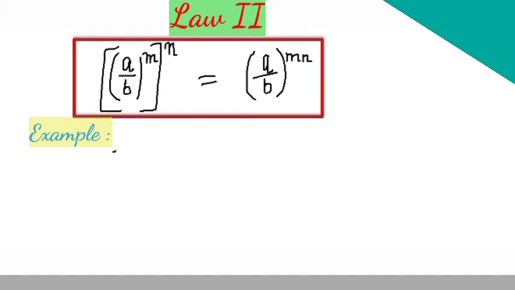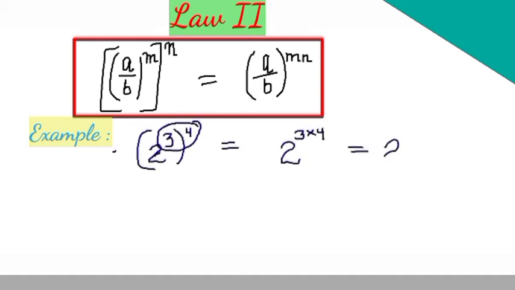For example, there is 2 raised to the power 3 raised to the power 4. Right? You will write base once and powers will be multiplied. That means 3 multiply 4. So it will be equals to 2 raised to the power 3 4s are 12. Right?